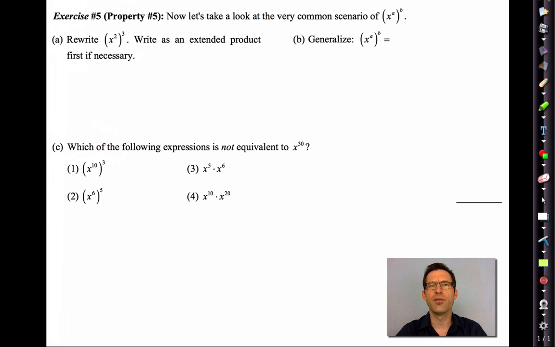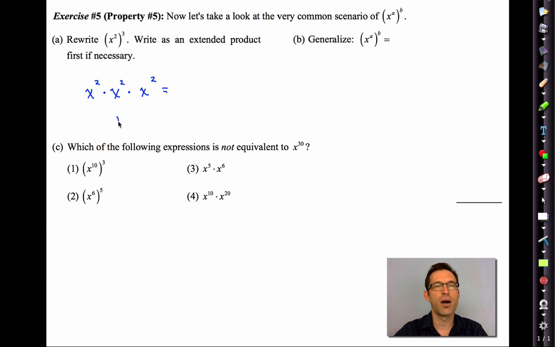Property number 5, something to an exponent raised to an exponent. Letter A, rewrite x squared cubed, writing it as an extended product if necessary. As we know, something cubed means we're going to multiply it by itself 3 times.